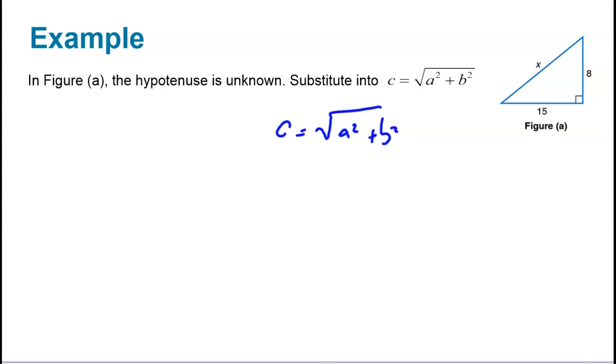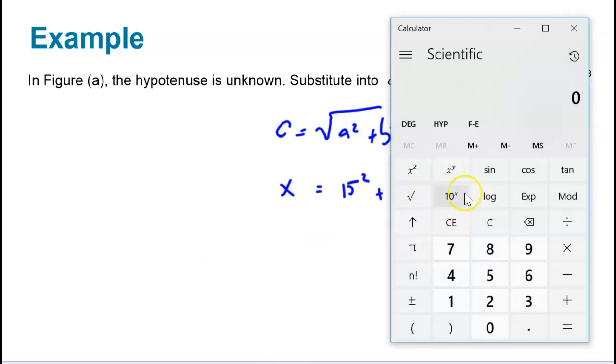In this case we're going to use x for our hypotenuse, and we are going to use 15 squared plus 8 squared. And we're going to say, okay, 15 squared, let's see, is 225.